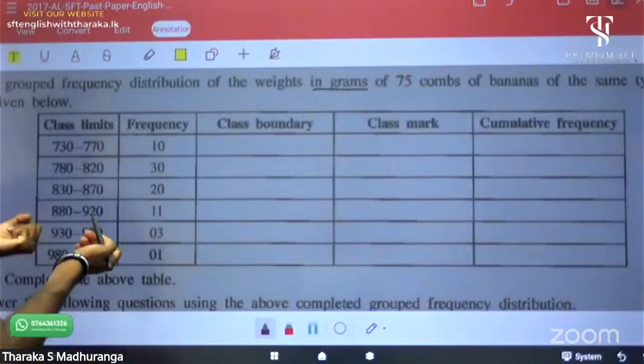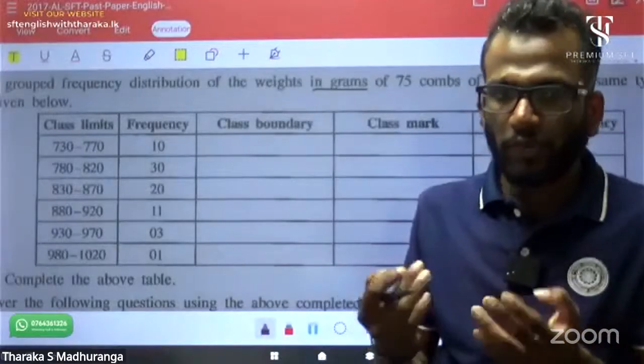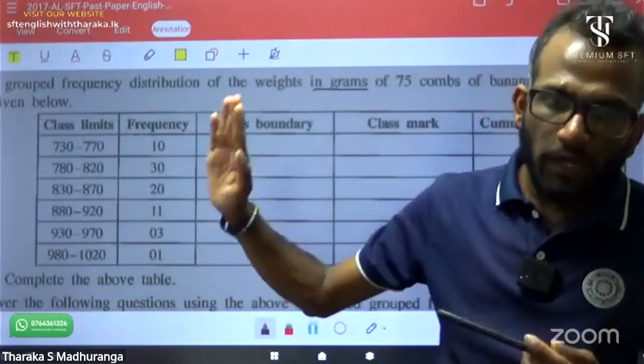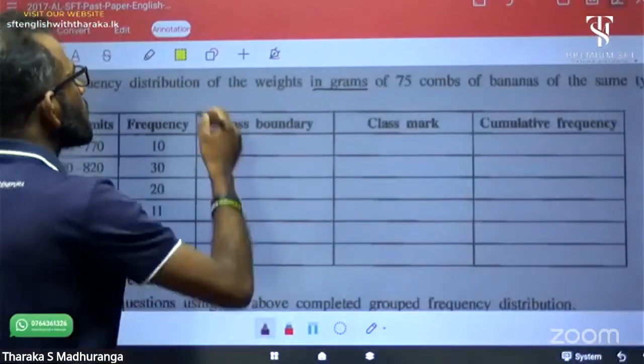Now, what is the gap? 10. Then 10 divided by 2 is 5. Subtract 5 from the lower limit and add 5 to the upper limit. So we make the class boundaries.